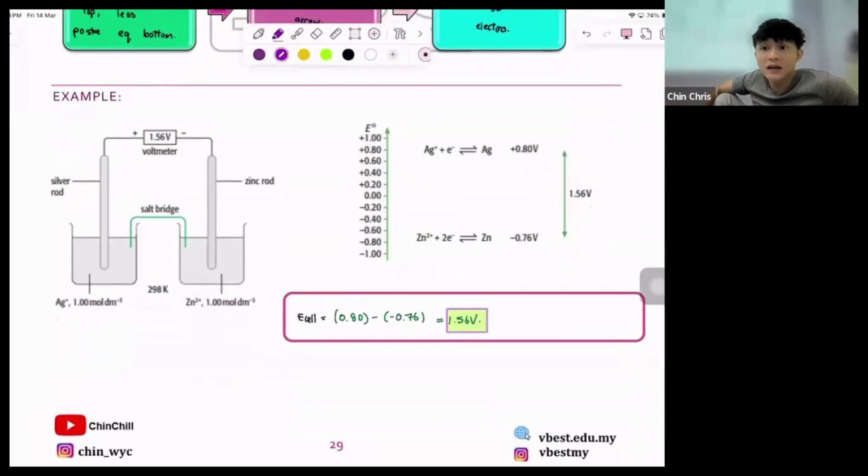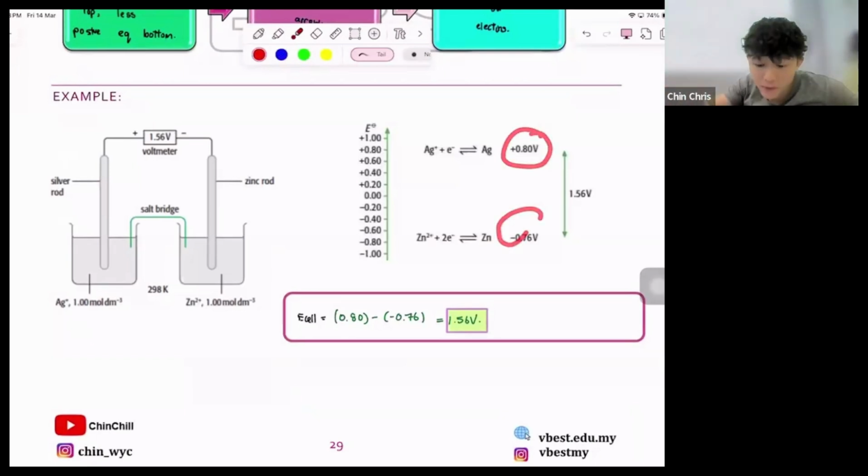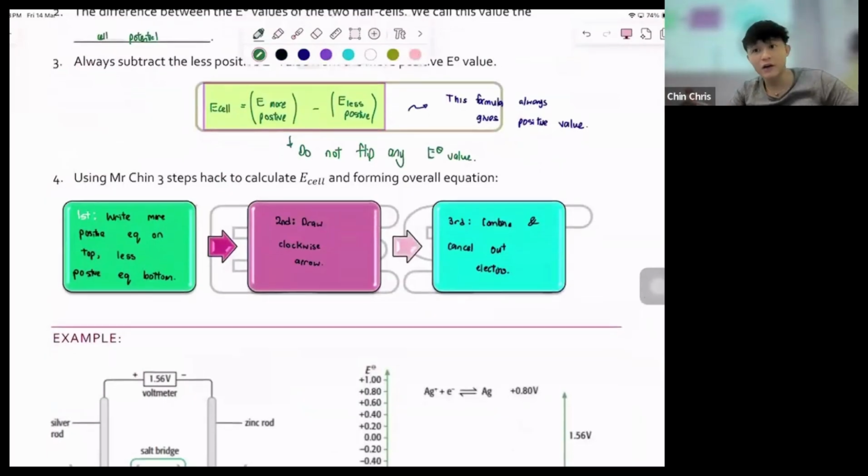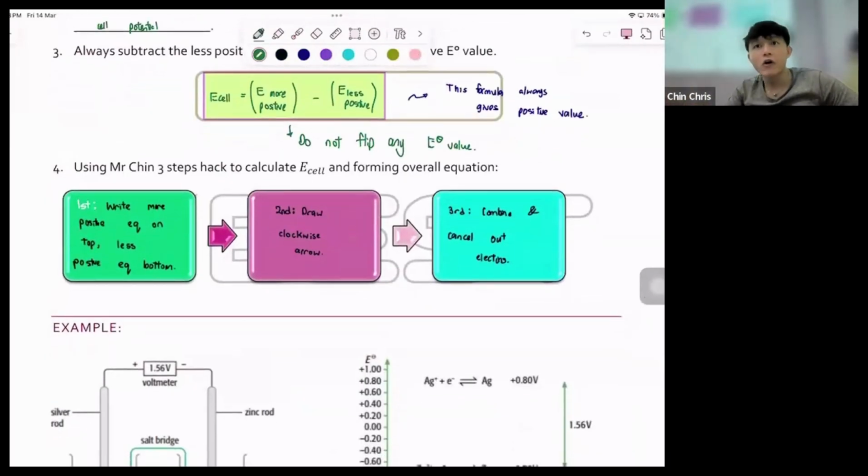Alright guys, when you're applying my formula, you don't need to flip any of the values. Remember, if you apply this formula, do not flip any E naught value. But if you are using your school teacher method, maybe you need to flip. My method is just a very generic one. You don't need to flip the number, just copy and paste the number.